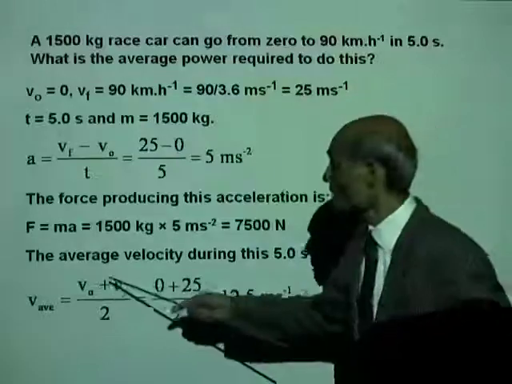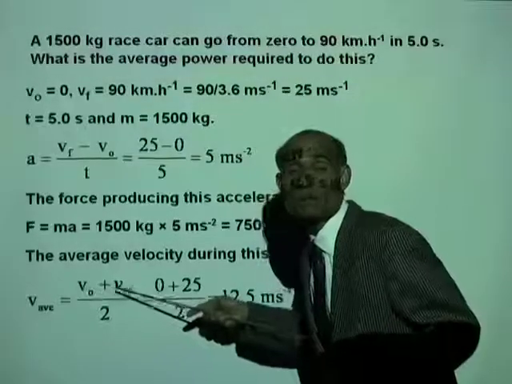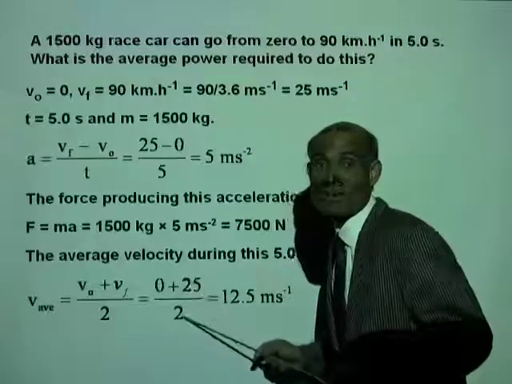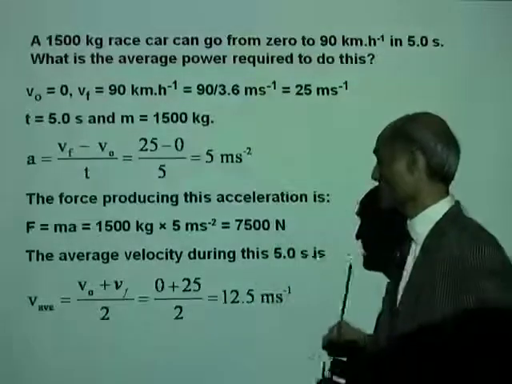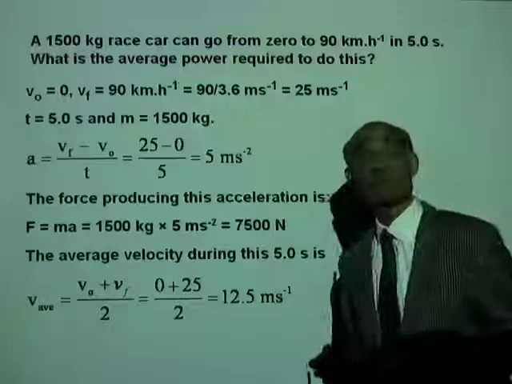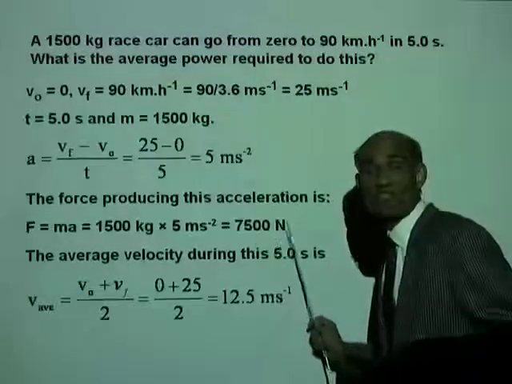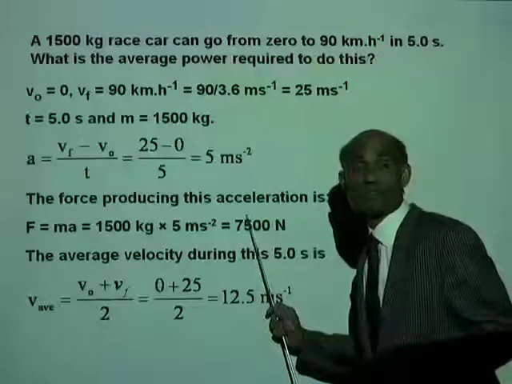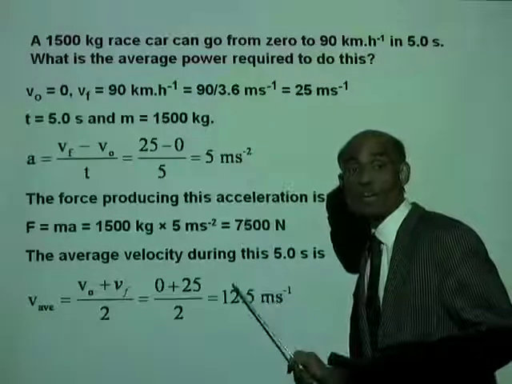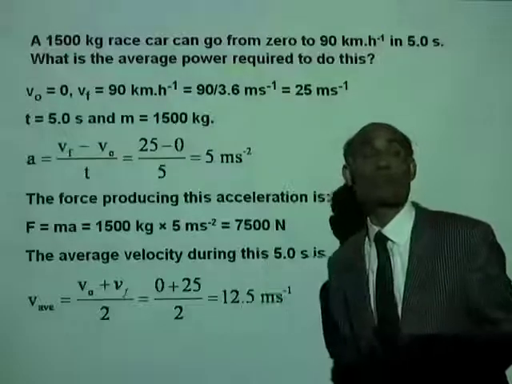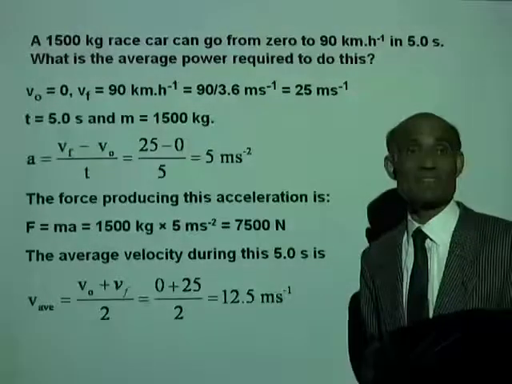So the average velocity is V0 plus Vf over 2. 0 plus 25 over 2, that is 12.5 meters per second. A force of 7,500 Newton applied on the car gave it an average velocity of 12.5 meters per second.